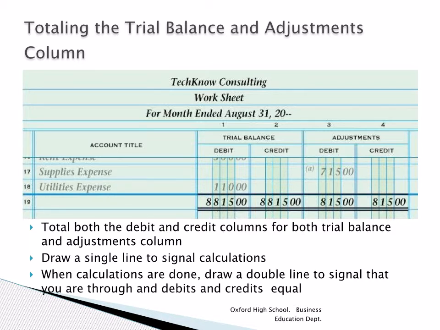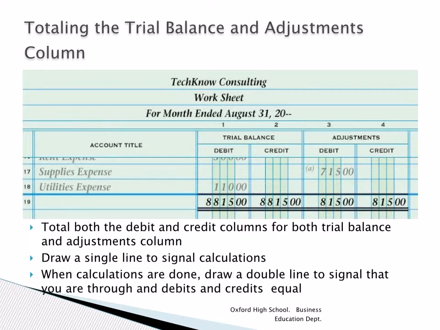Now, the debit and credit for the trial balance must equal. Notice that the debit and credit for the adjustment must equal. You will have two entries for your adjustments debit. You're going to have a supplies expense and an insurance expense entry for the debit column of the adjustments column.